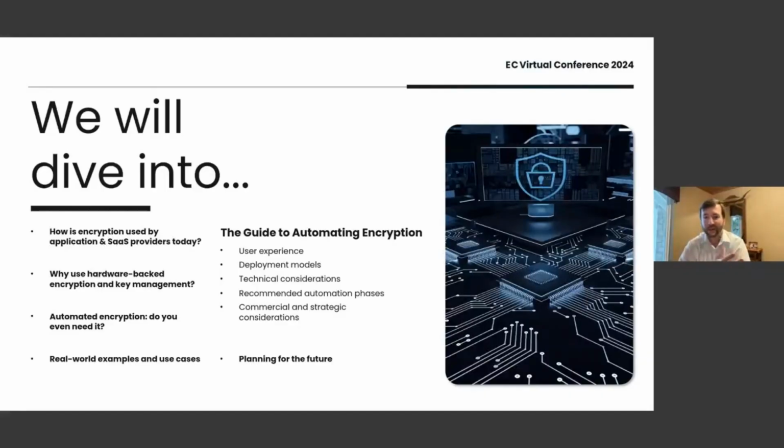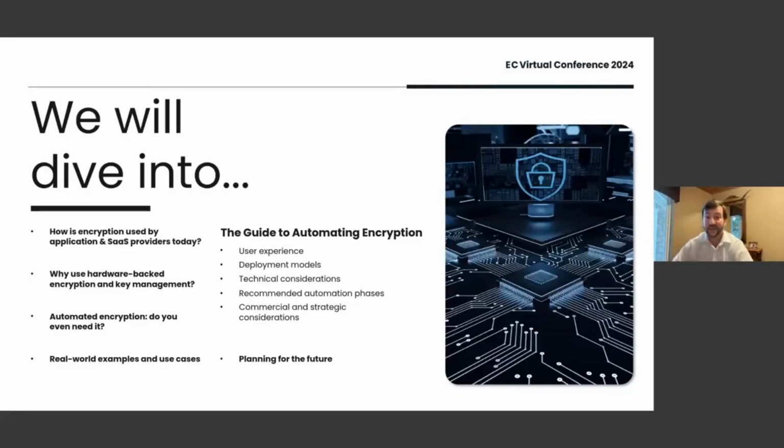So today we're going to talk about everything you see on screen here. To begin, we're going to look at the lay of the land a little bit and explore why organizations deploy this type of cryptography in their environments, some of the motivations, some of the decisions around hardware versus software, and then we're going to talk a little bit about the concepts of automating encryption.